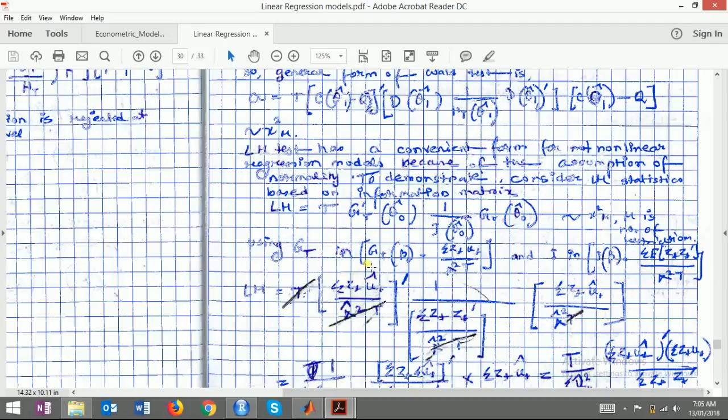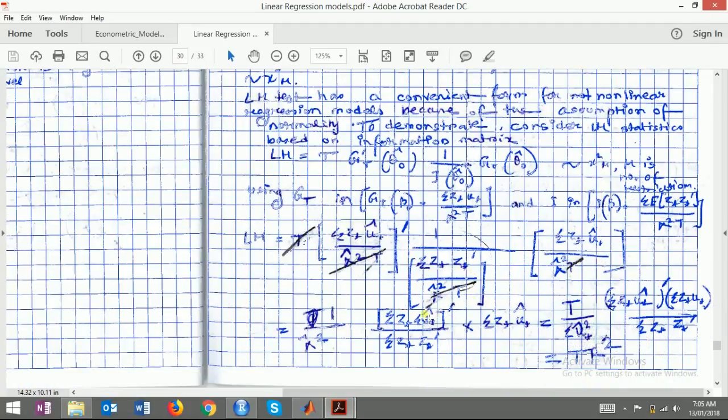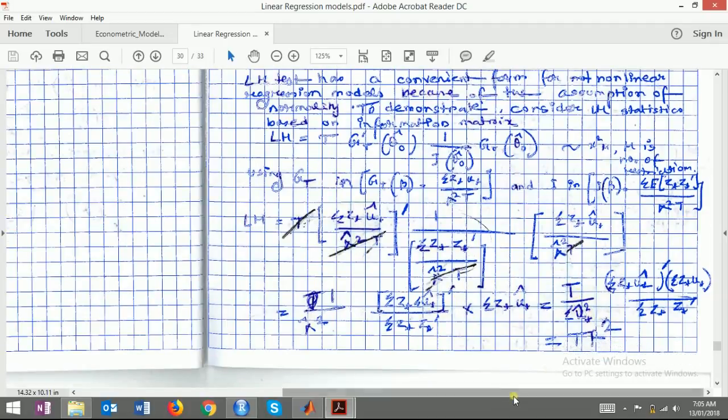So LM is T times the gradient transposed, times the inverse information matrix, times the gradient. The T is out, so we have 1 by sigma square times Z_T U_T transpose multiplied by Z_T U_T divided by Z_T transpose Z_T.